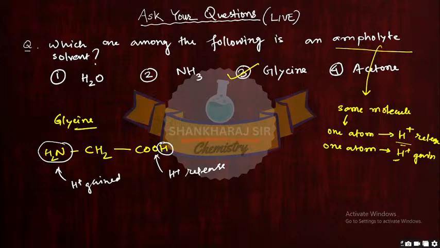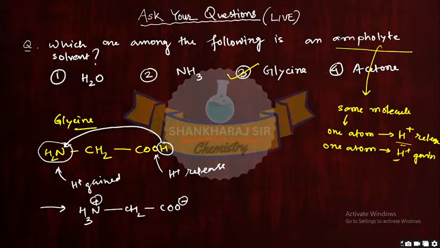The hydrogen will go to the nitrogen, so ultimately you will have NH3 with the positive charge, and COO with the negative charge. So basically it's a zwitter ion now. Whenever any compound can form a zwitter ion, it is an ampholyte. So our answer is glycine. The other options are wrong.